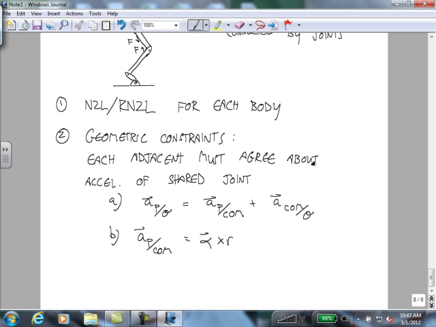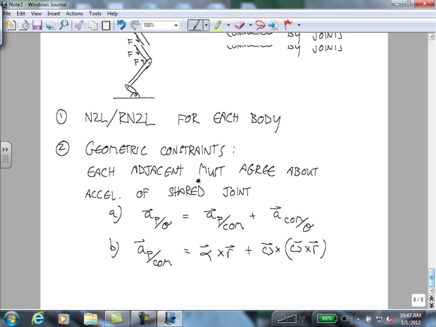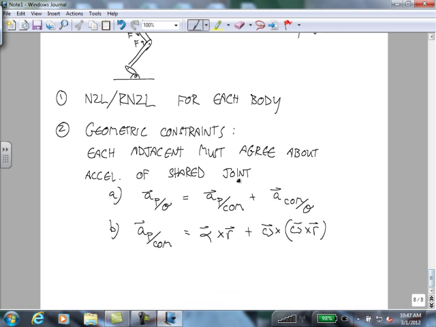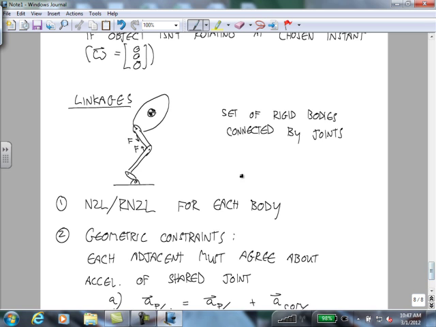And the idea is, what's the constraint between the thigh and the shin bone here? Well, they have to meet at the knee, right? And so what we're going to do is say, what's the acceleration of that knee according to the thigh? Whatever it is, that has to be the same acceleration of the knee according to the shin.